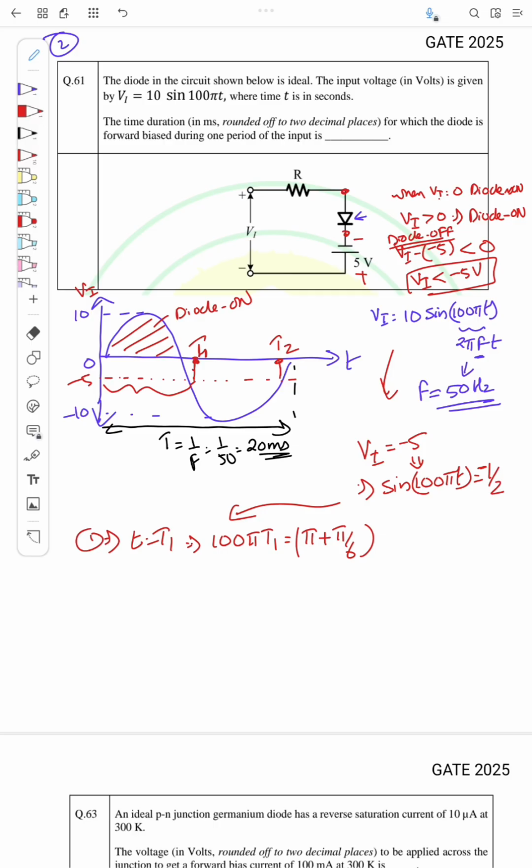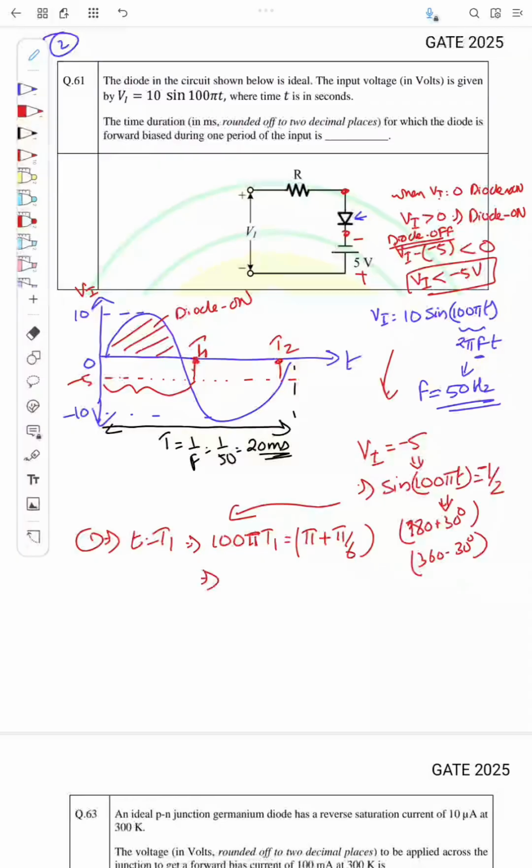This can happen at 180 plus 30 degree or 360 minus 30 degree. These are the two cases when this becomes minus 1 by 2. In radians it is pi plus pi by 6. Pi by 6 is the 30 degree, right?